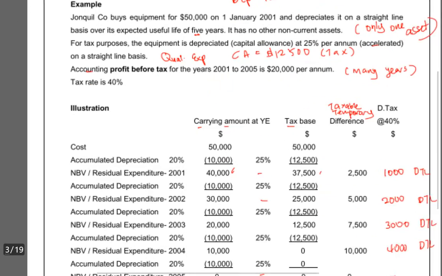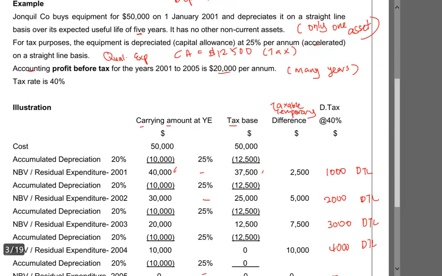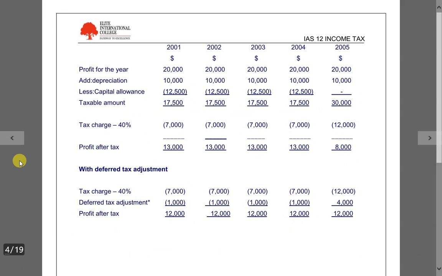This example here, the profit is 20,000 over 5 years. This one is without deferred tax adjustment, with 20,000 accounting profit. For tax, we must add depreciation, then we less capital allowance.